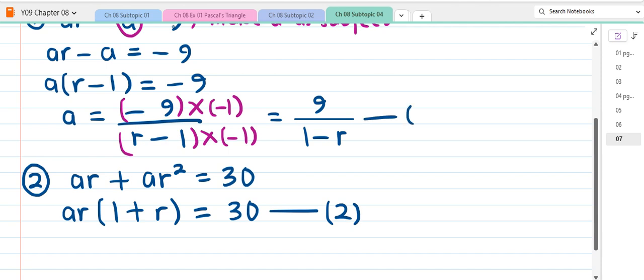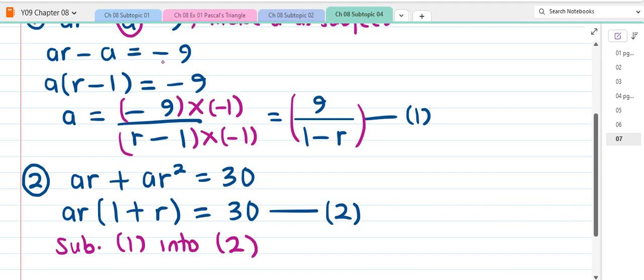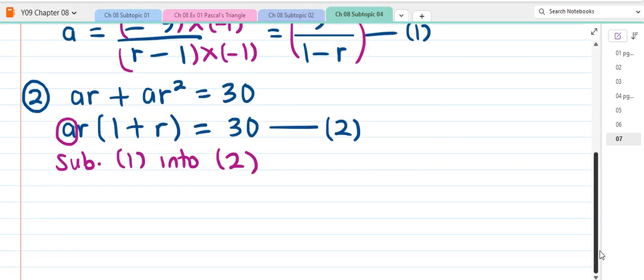So this one is the first equation. So you can see here, the subject for the first equation is a, which is 9 over 1 minus r. So if you substitute this, we can solve for r. So here, let's have a look. If we substitute 1 into 2, which means the a will be this one, 9 over 1 minus r. Okay, so we just write it down first.